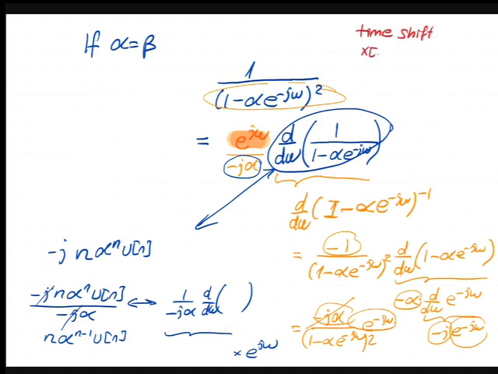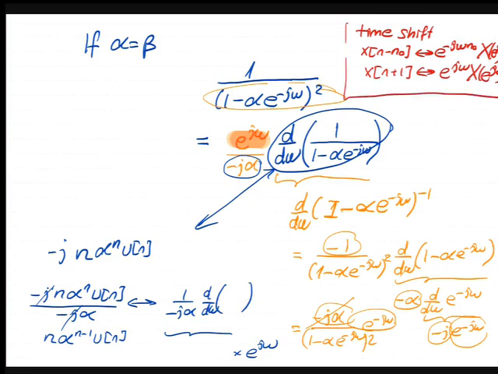The time shift property said x of n minus n naught will give me e to the negative j omega n naught times X of e to the j omega. So if you want to see an e to the j omega on the right-hand side, you should take your n naught to be negative 1. So x of n plus 1 would give me e to the j omega times X of e to the j omega. So I can use this time shift property here.